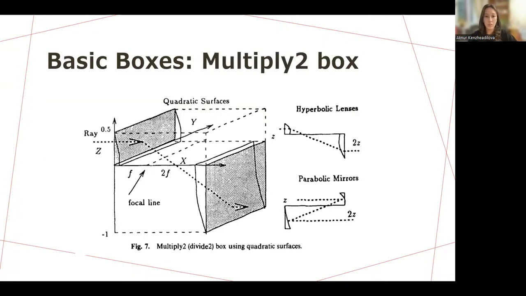The next type of basic box is the multiply-by-two box, or divide box, which is very similar. We need this box to perform the multiplication by two operations used in the equations I have shown before.